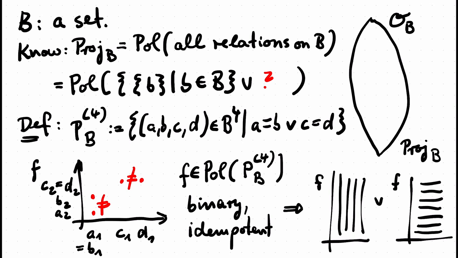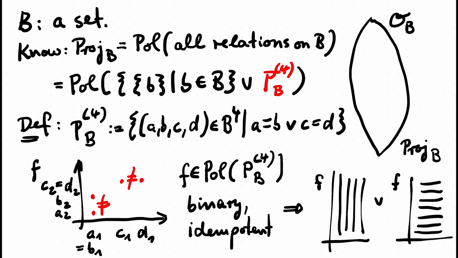Points in the image that lie on a line indicate that the function value of f must be constant along this line. So the two pictures on the right indicate the two binary projections. And this argument can be generalized to any arity, not just binary functions.